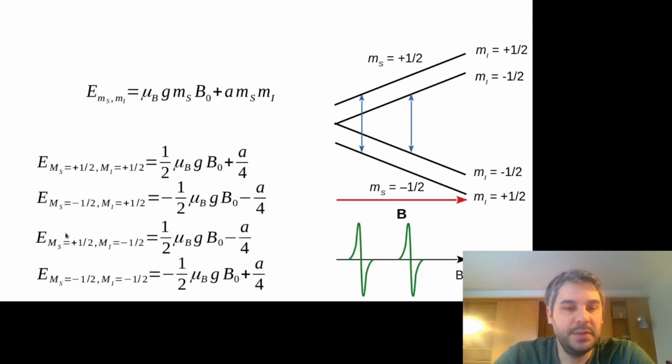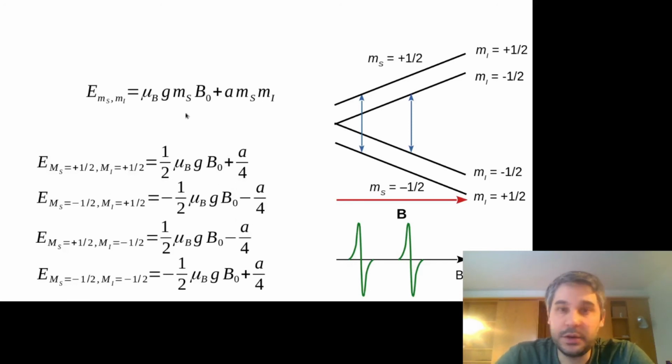And for example, this other level, ms equals plus 1/2, mi equals minus 1/2, has a 1/2 in front of the Zeeman part, and it has a negative value in the hyperfine splitting part. So basically it would be this energy level here. And we have the other levels which have basically opposite signs.